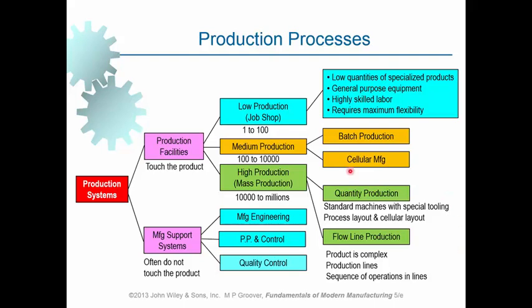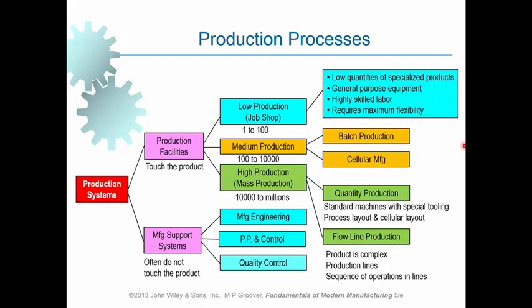In the case of batch production, it allows the changeover time to be distributed across a large number of parts, and hence it will reduce the average operation time per piece, because we set up the machine only once for a batch of parts, for example 10, 50, 100 or more, depending on the number of parts in a batch.